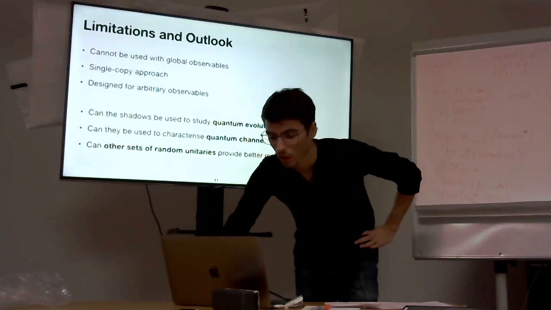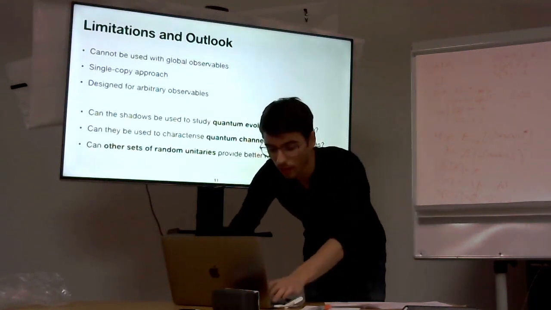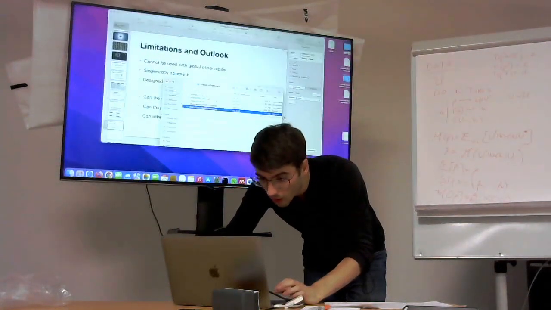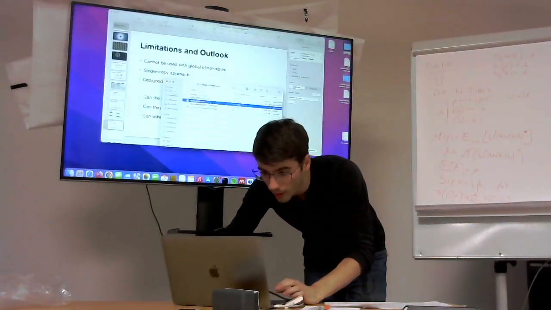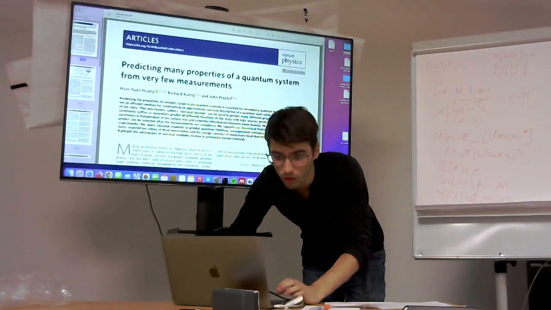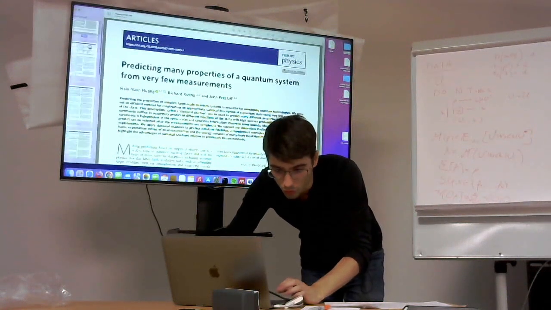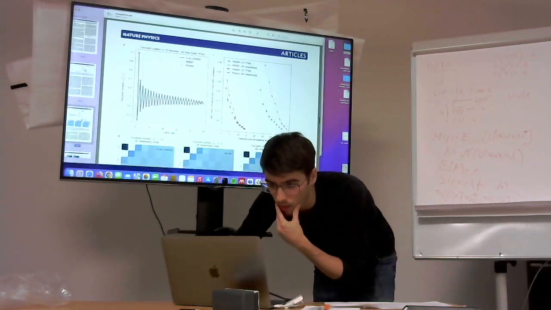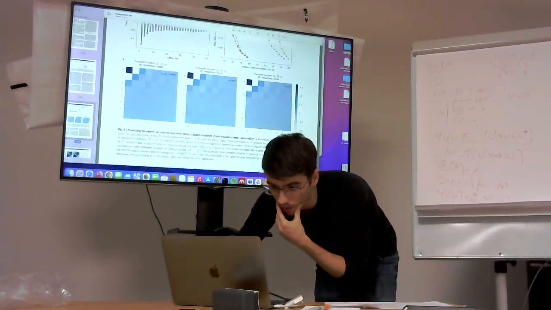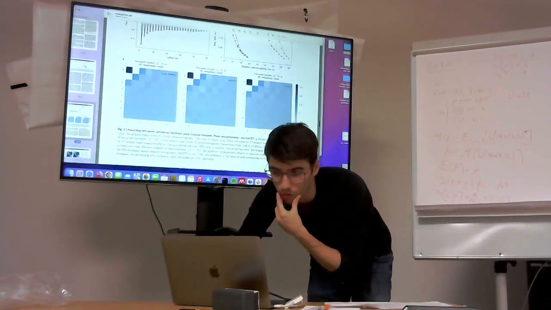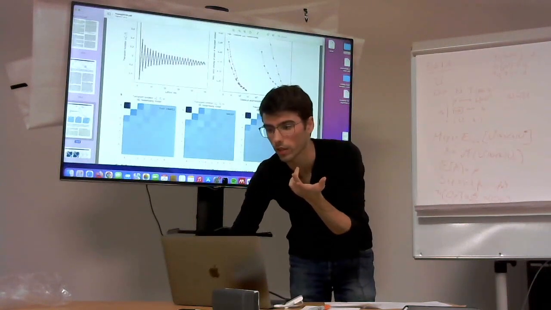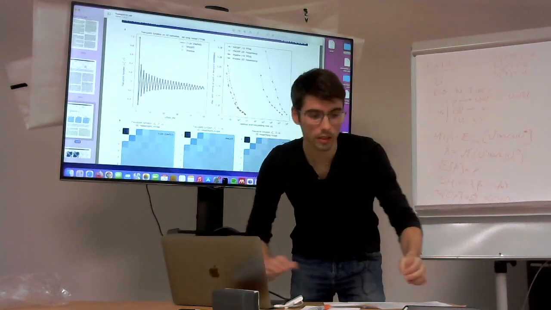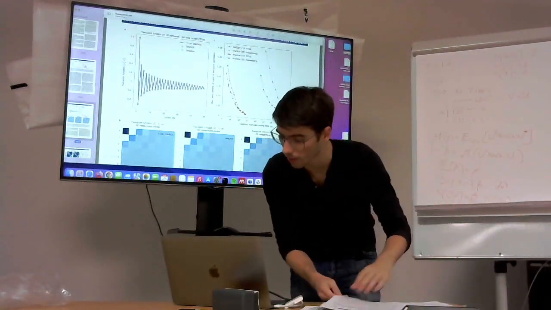Yes, in the paper they also do some numerical analysis. For instance, they use this to measure the two-point correlation, and for two-point correlation it's quite efficient.